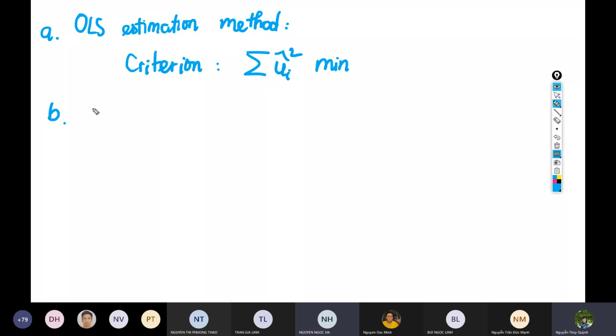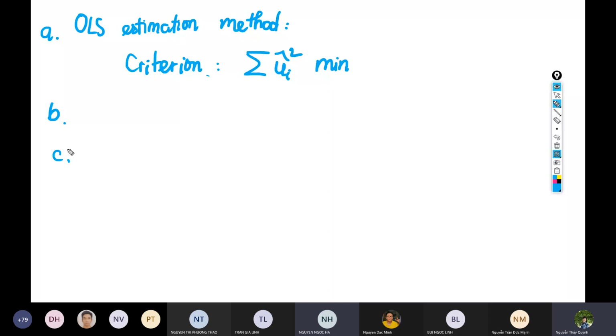Okay, and for question C, what will be the characteristics of the OLS estimators if our model meets the requirements? The characteristic of the OLS estimators, if we meet the assumptions, is that they are going to be BLUE.